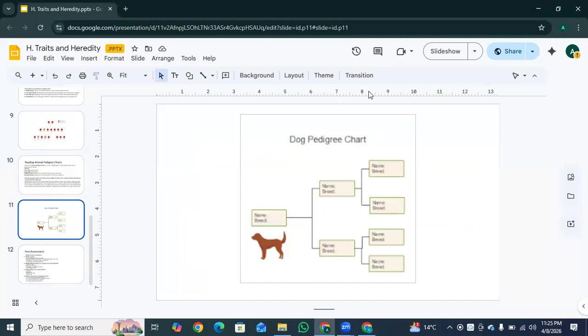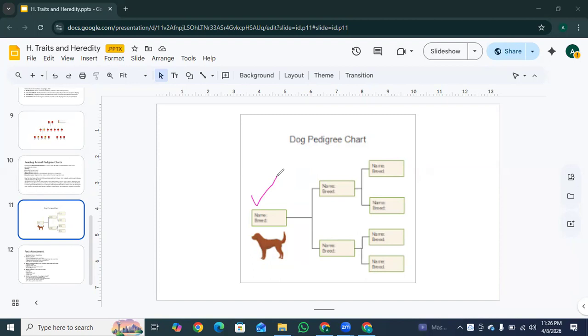So, here we have a dog pedigree chart. It is a visual family tree used to track a dog's history and its ancestors. The box on the far left is for the main dog you are looking at.